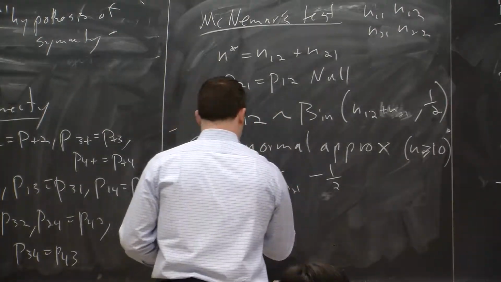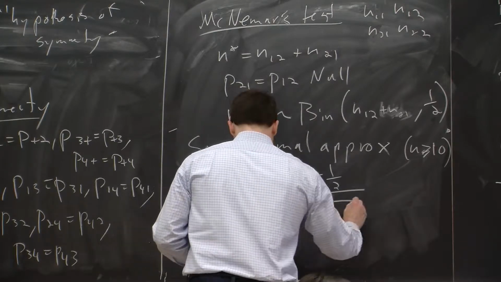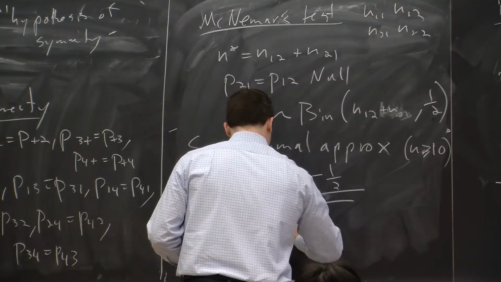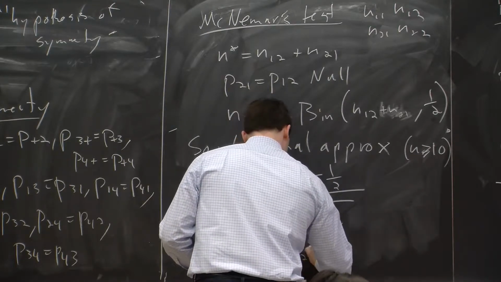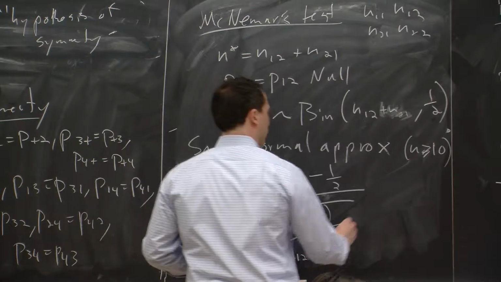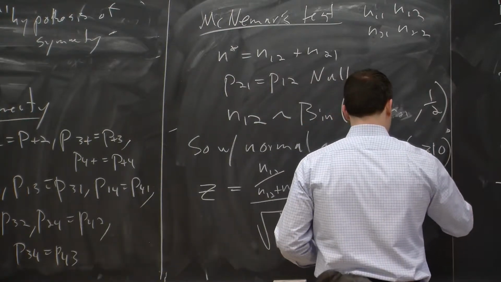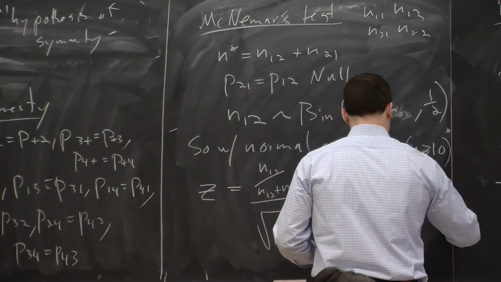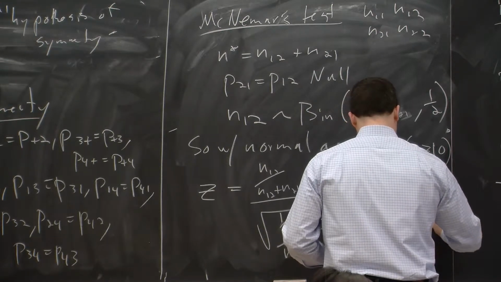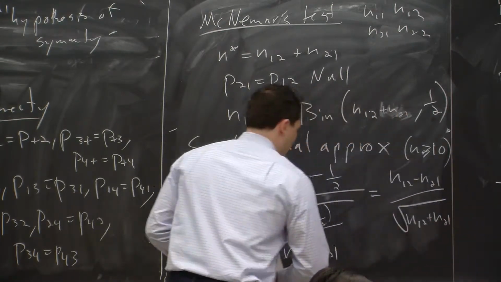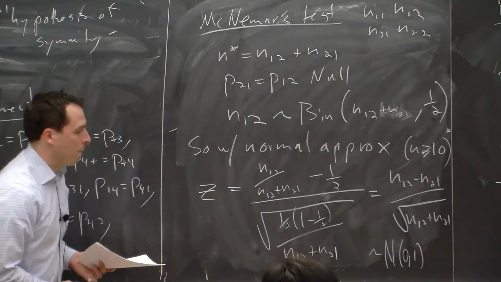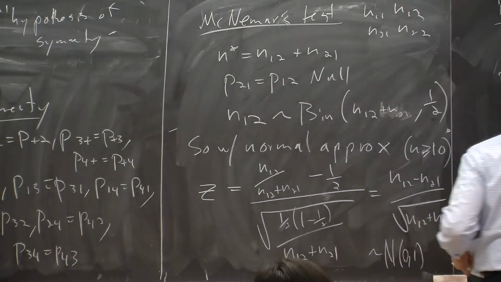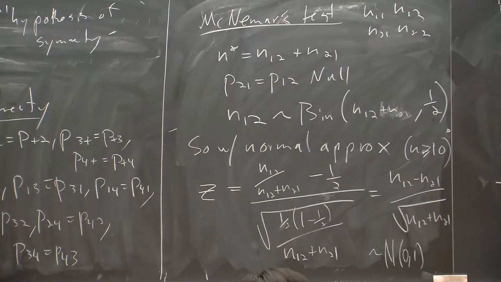That's our expected value of the proportion. And this is the square root of 1/2 times 1 minus 1/2. This is the variance. So that's just N12 minus N21 over the square root of N12 plus N21. And that thing is distributed normal 0, 1 approximately. Okay. And it's a good approximation because p is equal to 1/2, where that works the best.